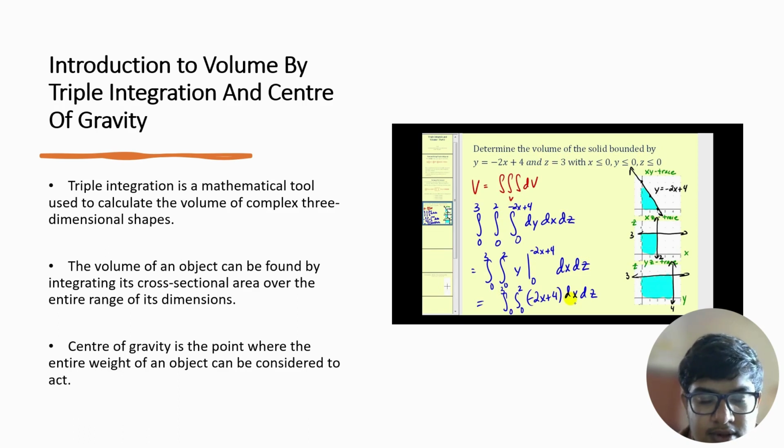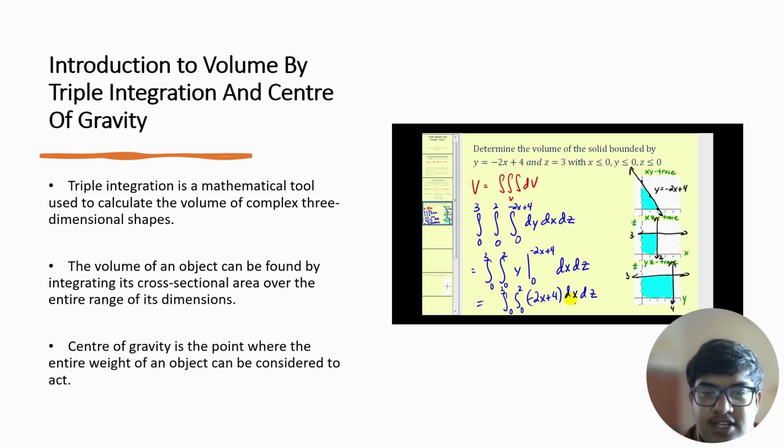Triple integration is a mathematical tool used to calculate the volume of a complex three-dimensional shape. For example, calculating the volume of a cube is easy because you have the length, the breadth, and the height.